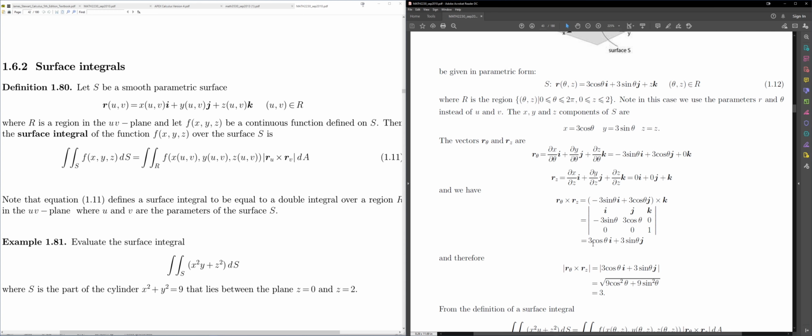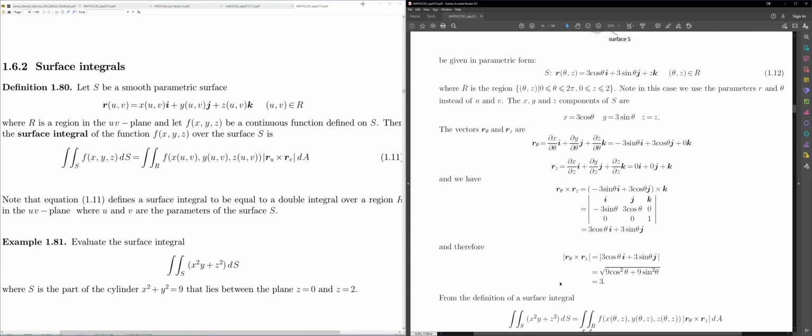So you're going to get 3 cos theta squared, which would be 9 cos squared theta, and 3 sine theta squared, which would be 9 sine squared theta. You could factor out the 9, so you get 9 times cos squared plus sine squared, which is 9 times 1. So this is the square root of 9, which is equal to 3.